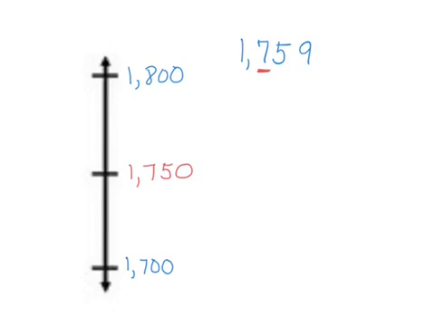So I would say we would place our number right here. Ooh, it's very close to this one. 1,759. So we are closer to 1,800 than we are to 1,700. So we round this number to 1,800.